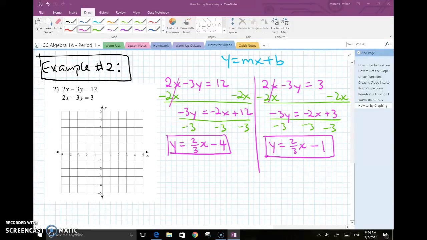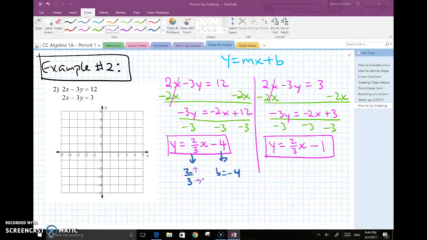So I can go ahead and graph directly from these. Like last time, you need to identify the point of beginning, which is, in this case, your negative 4. And then your 2/3 gives you a direction in which to move, which would be up and to the right from that negative 4.